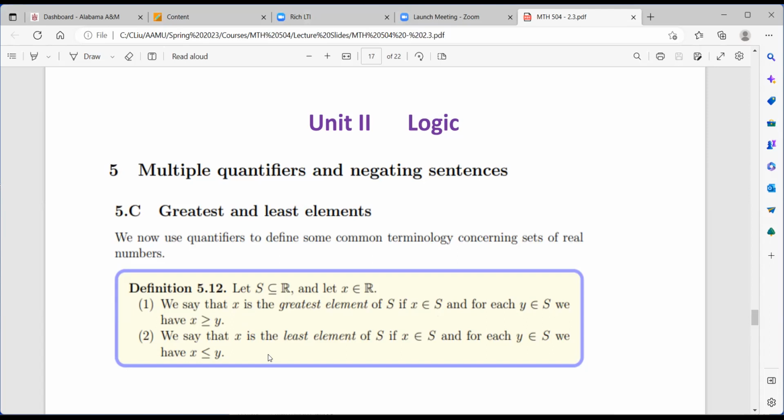Similarly, we can define the least element of S if x is in S, and for each y in S, we have x less than or equal to y. So x is less than or equal to all the other elements in S. So we're talking about the real numbers, okay?